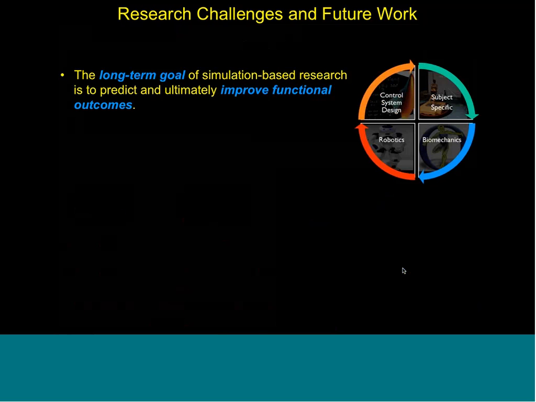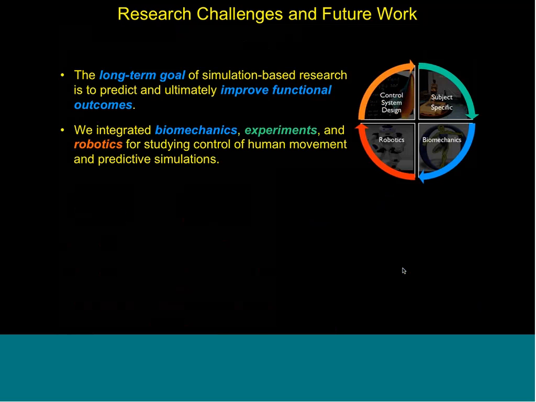But to wrap up this webinar, our long-term goal of simulation-based research is to predict and ultimately improve the functional outcome. We integrated here different fields of study. A lot of you might be in biomechanics or experimental biomechanics, and with control and robotics for studying control of human movement and doing some kind of predictive simulation.